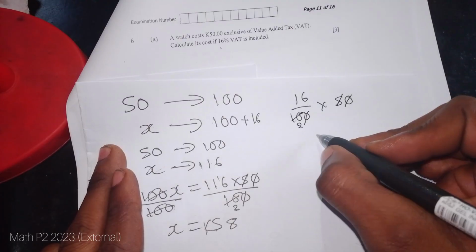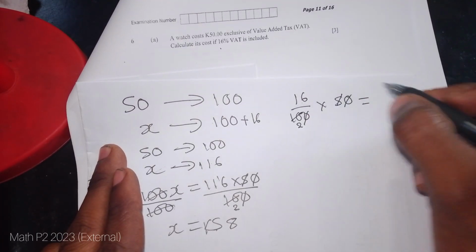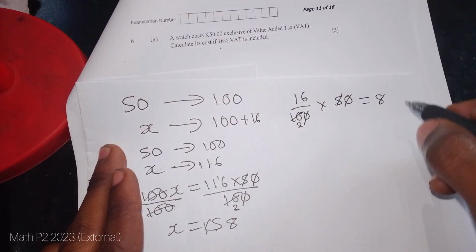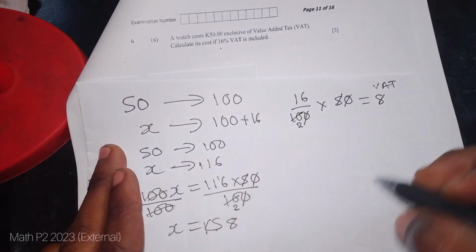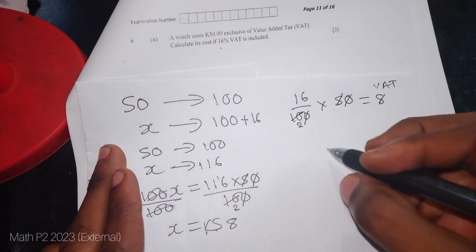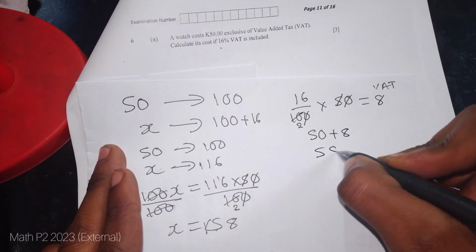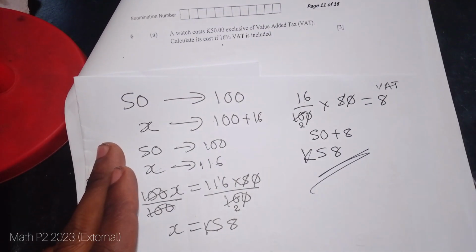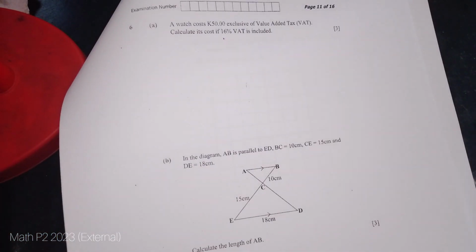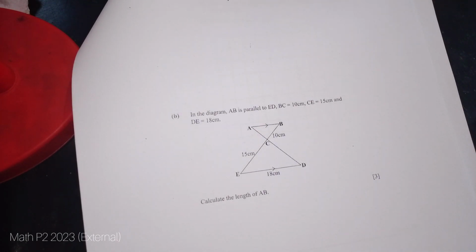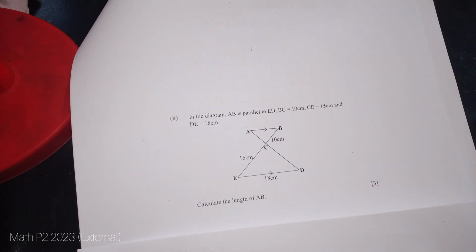So 2 into 18, 2 into 16, this will be an 8. So this is the VAT. And then you can add the VAT to the 50, which will give you 58 kwacha. And you're done. Then on part B, we have similarity and congruency, another easy topic.